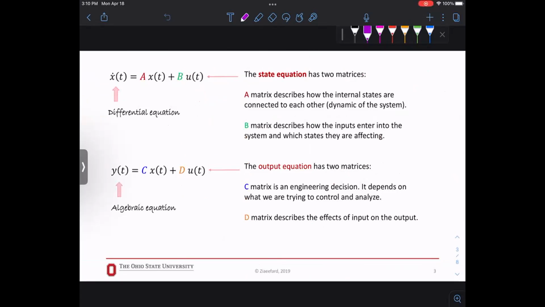We went through this just as a reminder, so you don't have to go back and find that lecture. When we use this method, we are making our equation simpler, going from a higher order differential equation to first order, and the second one is algebraic: y is equal to Cx.